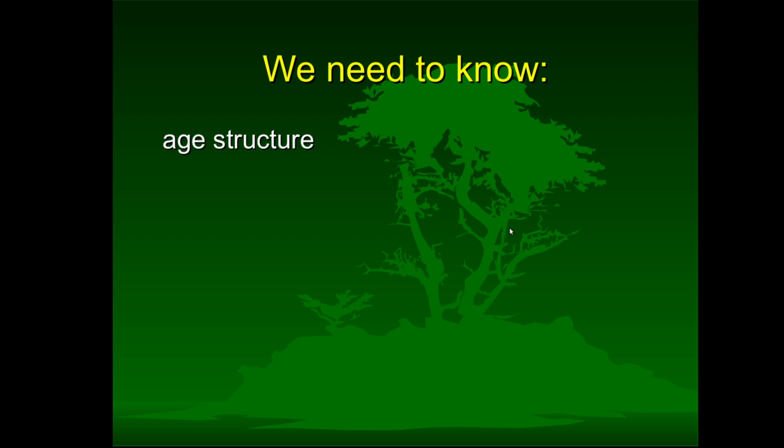So in order to have a precise estimate of the rate of population growth, we need to know three things. One, the age structure of the population, in other words, the proportion of individuals of different ages. Two, we need to know how mortality changes as individuals age. That's called the survivorship schedule.